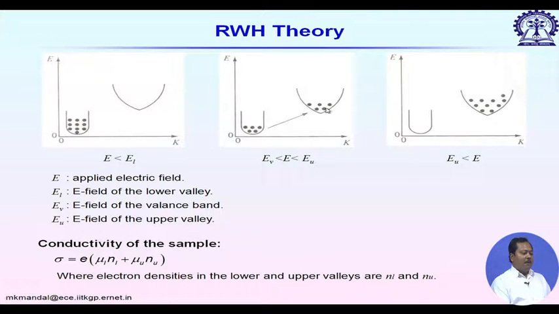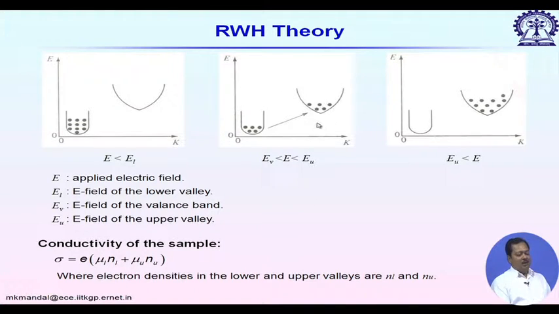So, what happens in this case if I calculate the total conductivity of this material? That can be given by sigma equal to e into mu_L N_L, which corresponds to the electrons inside the lower valley, plus we have some electrons in the upper valley also, so a contribution mu_u multiplied by N_u due to the electrons inside the upper valley.